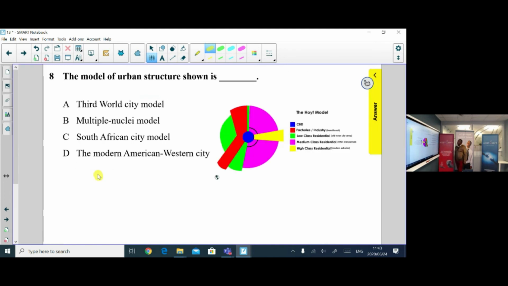Right, the model of urban structure shown is, I've already given you the answer here. But the name that I gave you, so this here is the Hoyt model, but there is an actual name. What is it? Third world city model, multiple nuclei model, South African city model, the modern American Western city. So let's just figure out what is the answer that we have to give there.